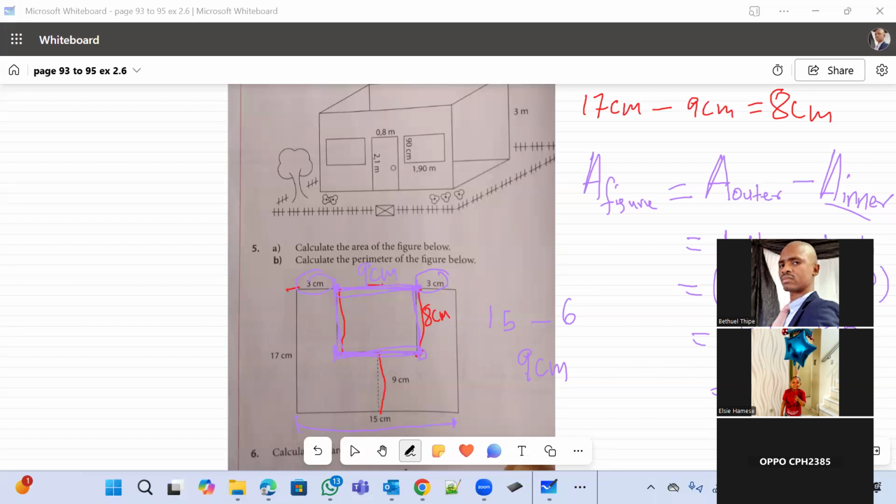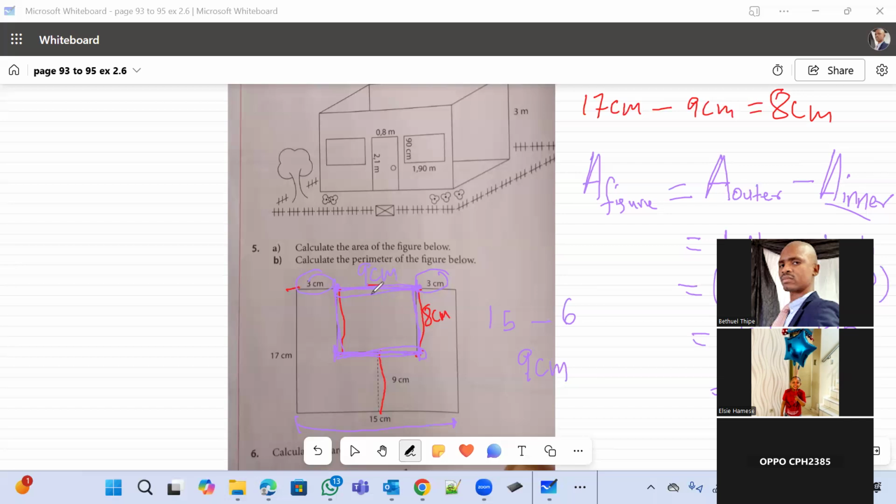Where is it? You mean from the question? Yeah, tell me what I did. We found out the missing value from the other part there.